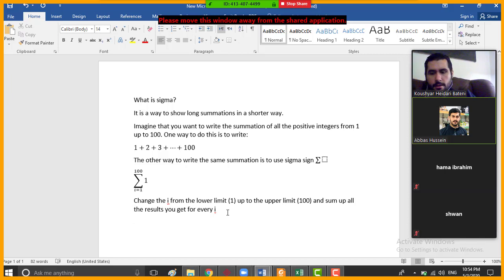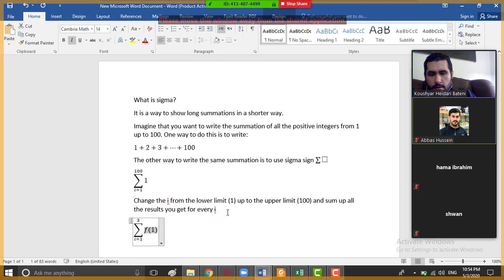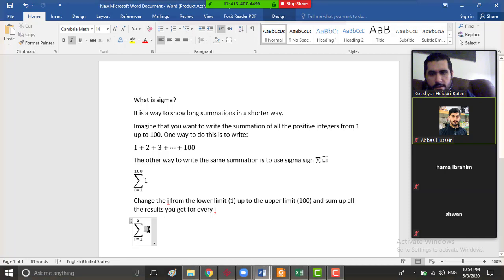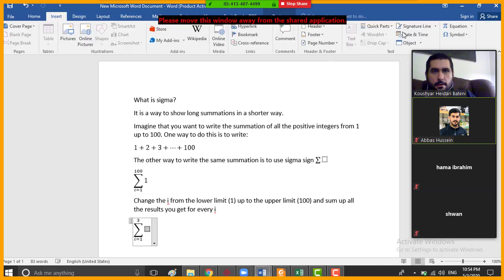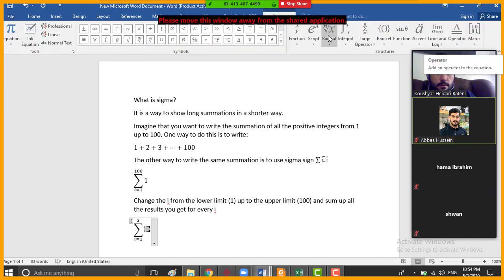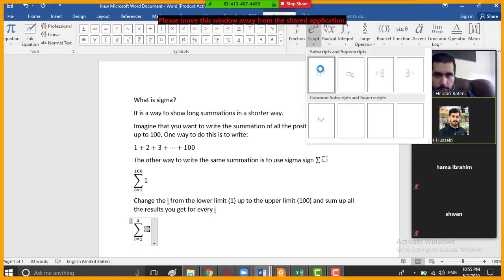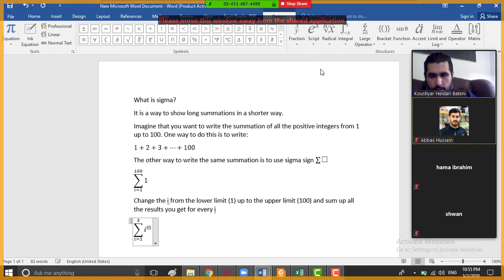Now, imagine that we have a sigma like this, i from 1 to 3, and this function that you see in front of the sigma sign is the function for which we calculate the value for various i's. Okay? For example, imagine that over there we have i squared plus 1.